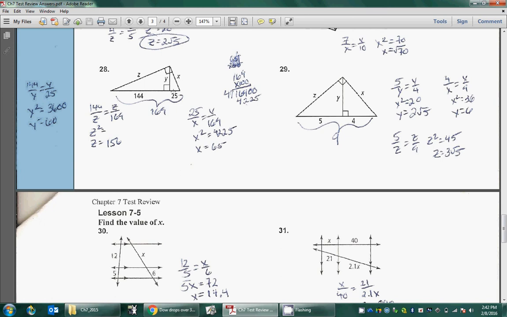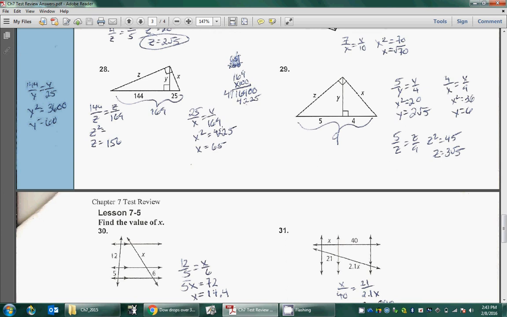For x, it's touching the side of 25. Need another number, so I got to use the whole thing of 169. When I go to multiply, I've got 25 times 169 is, I guess, 4,225, which is 65 when I take the square root. Remember, multiply and take the square root.